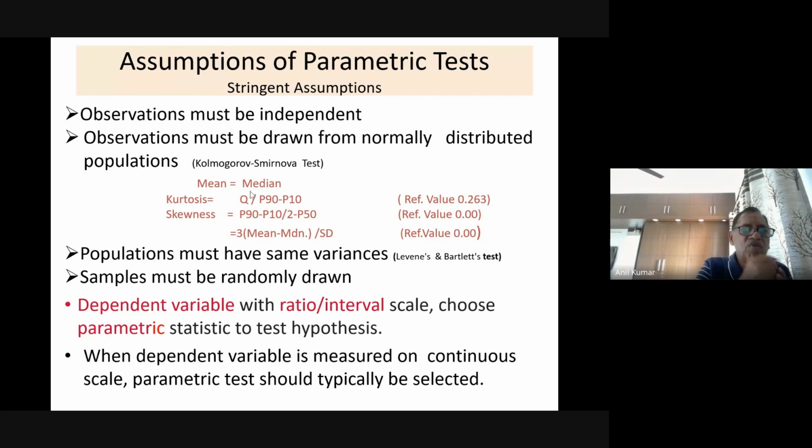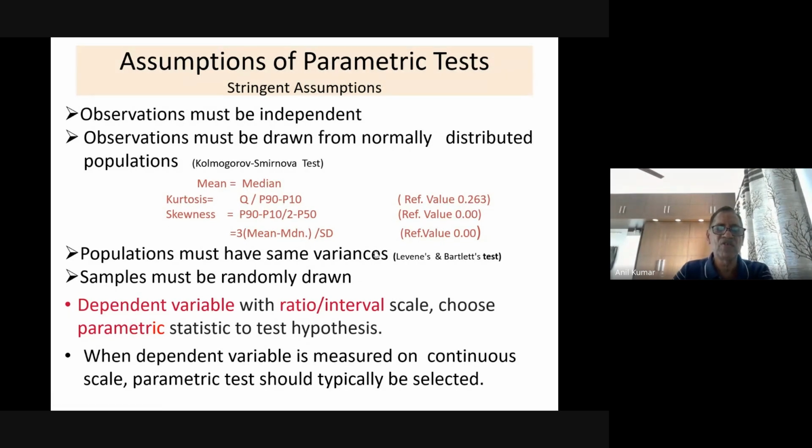Then one or two observations. One is independence, another one is normality of the distribution of the data, and the third one is that populations must have the same variances. Whatever populations we have collected data from, they must have the same variances. Already I have told you what is variance, standard deviation, and the relationship between variances.